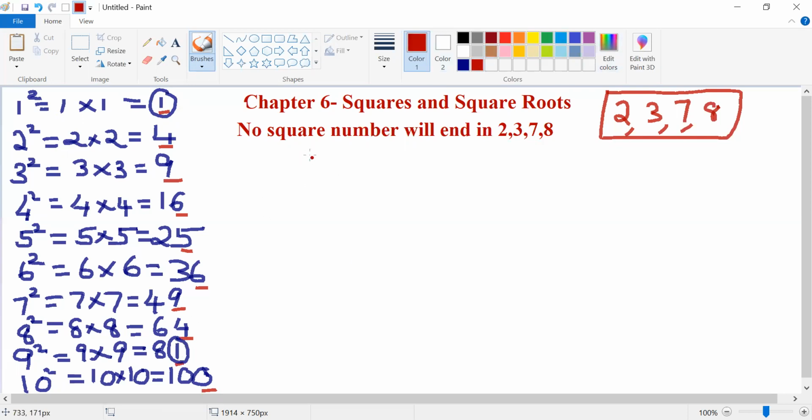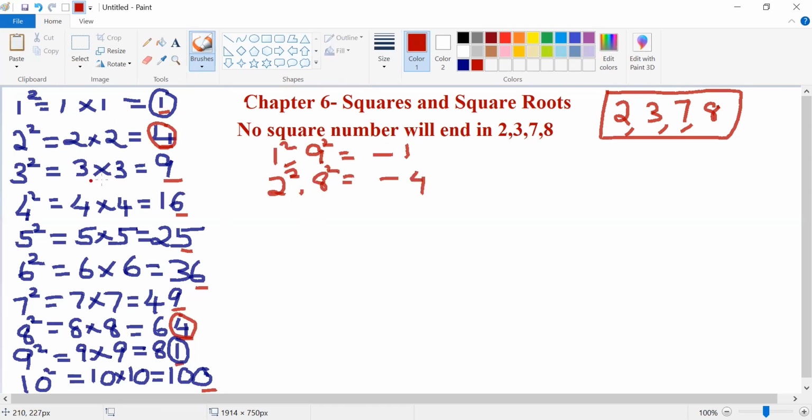So 1 square and 9 square are both ending in 1. Now 4. Any other number ending in 4? Yes, 8. That means 2 square and 8 square, they are ending in 4.